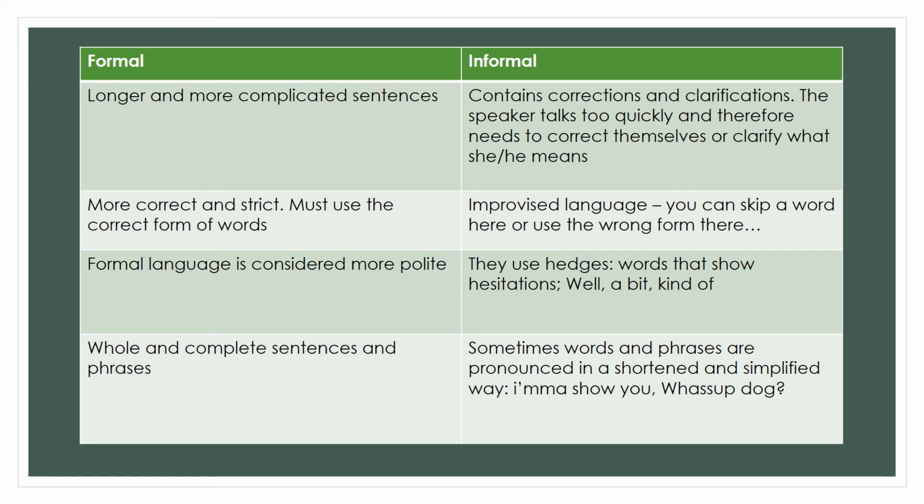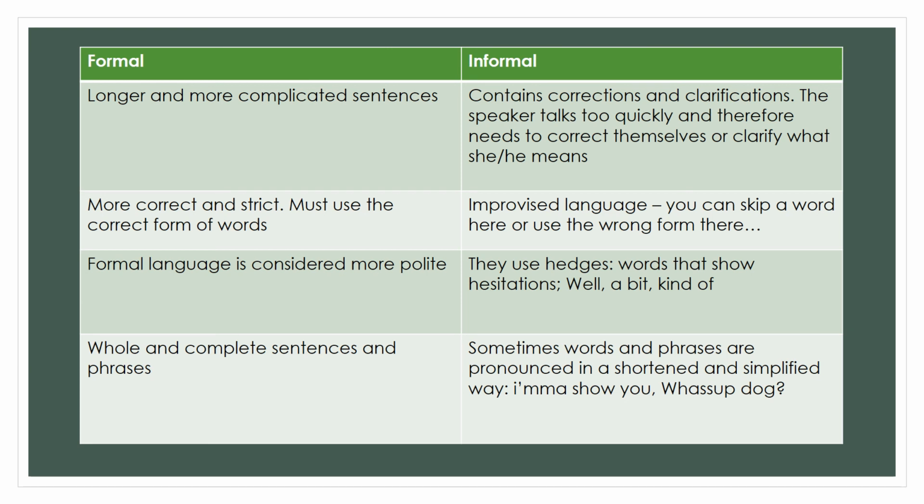Informal language is very improvised, and you can skip a word here or use the wrong form there. You need to follow rules, of course, but you can be a bit more playful when you're talking with an informal tone or writing.